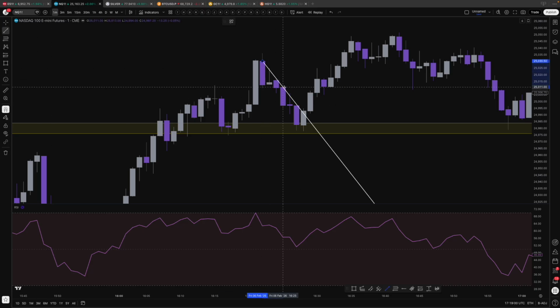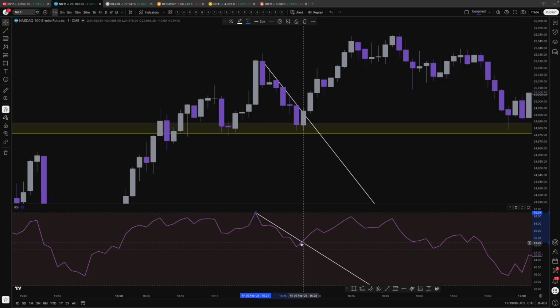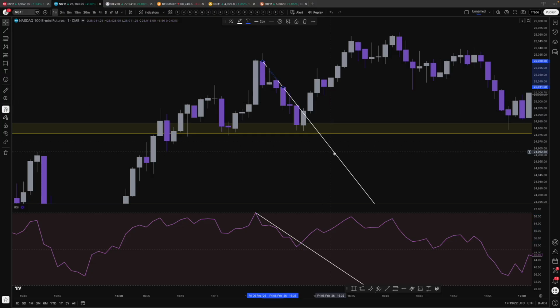They'll just follow the trend, and then they'll follow the trend on the RSI. And then once it breaks, here is our break candle. They'll hop in and just go for a quick scalp, maybe up to the last little pullback, or maybe to the high, or wherever it may be.